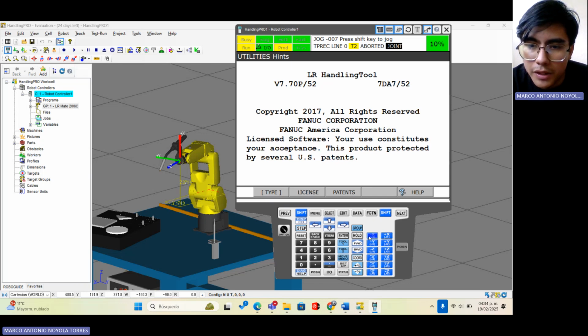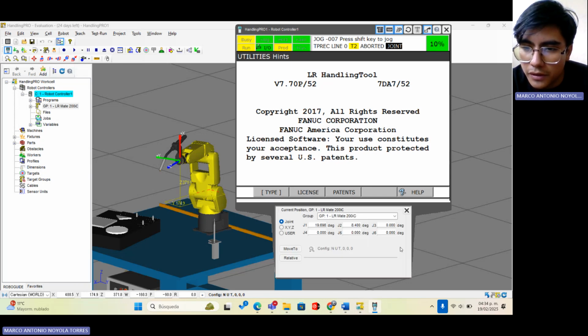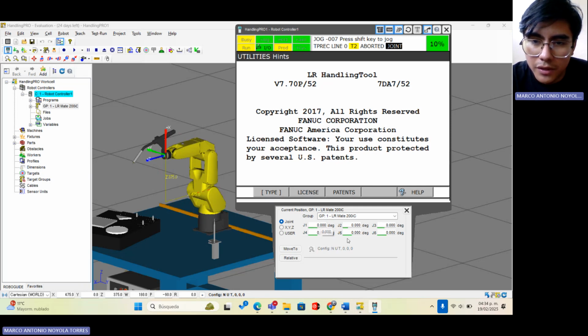Also with this key, we can select 0 degrees for each of the six joints and press enter, and the robot moves to the initial position with 0 degrees in each joint.